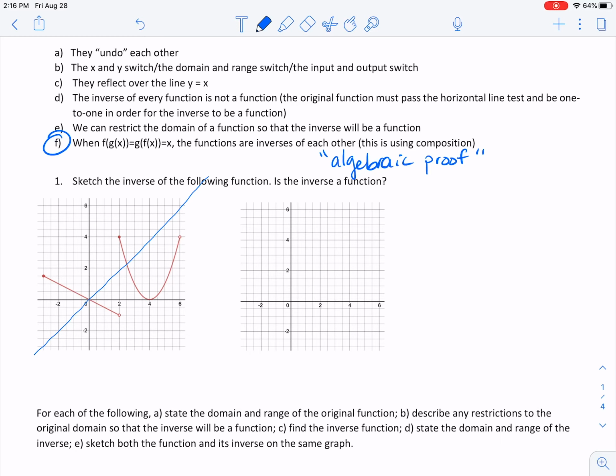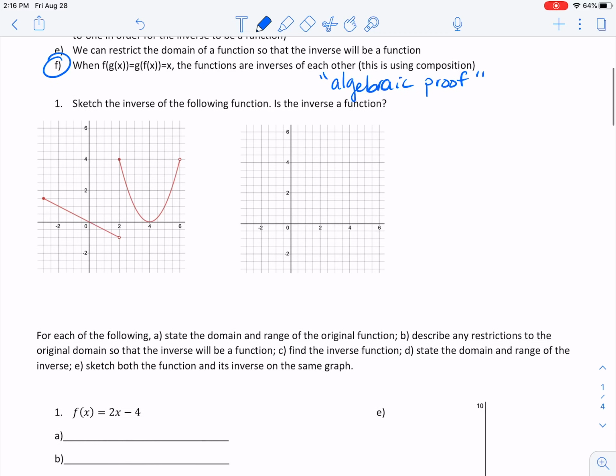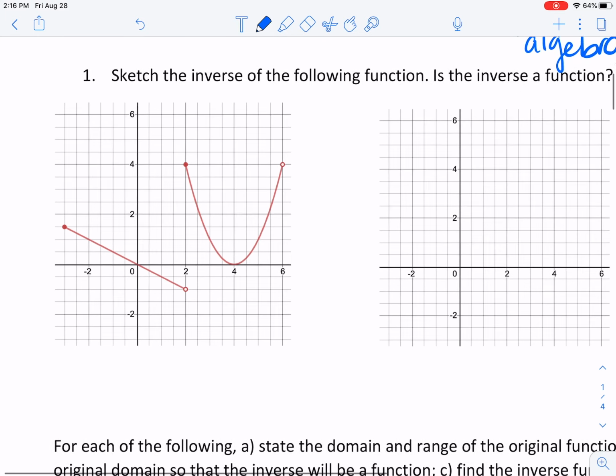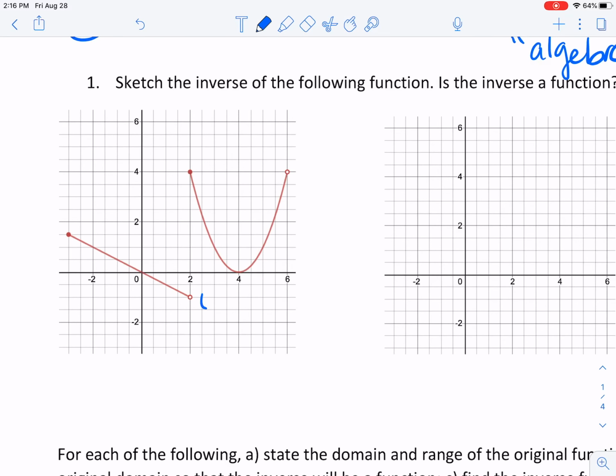Okay, so let's look at a particular situation and see what is happening. I see this piecewise function, and it's kind of gross. I mean, it's not that bad, but here we go. What I notice is that this is the point 2, -1. This is the point 0, 0.